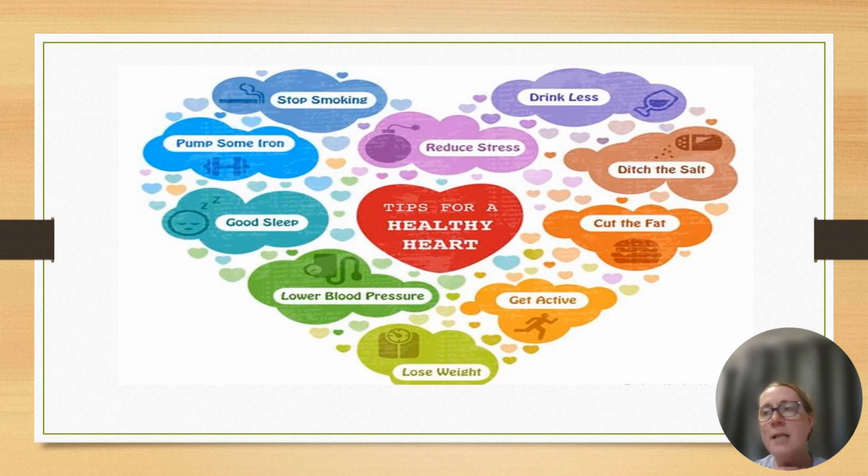Sleep is recommended to be 7 to 9 hours a night by the American Heart Association. Pumping some iron, so there's that weight resistance to help ensure that we're not losing our muscle mass and that we are gaining or maintaining muscle mass. And stop smoking cigarettes or any tobacco, cigars included.